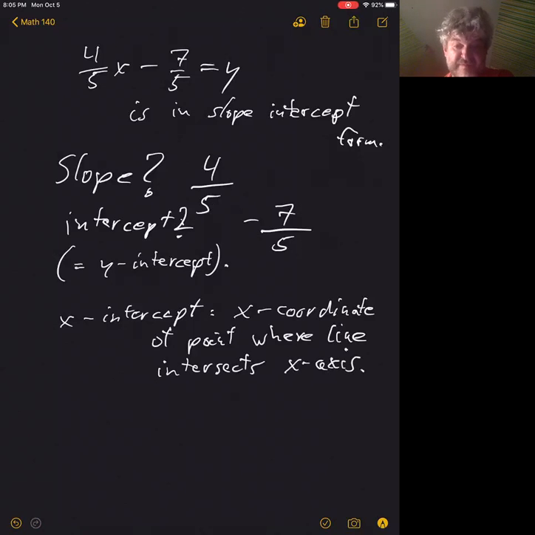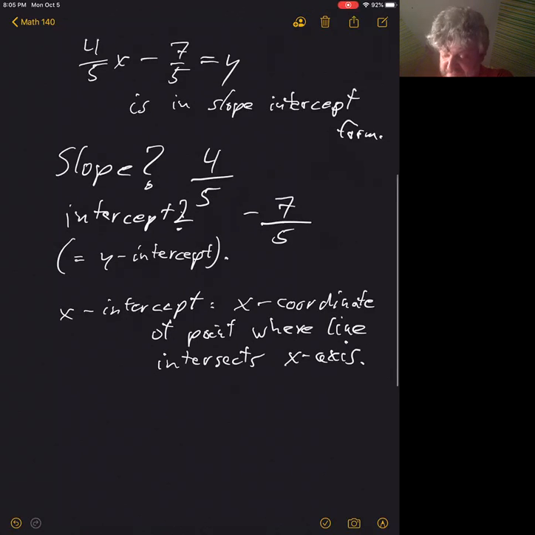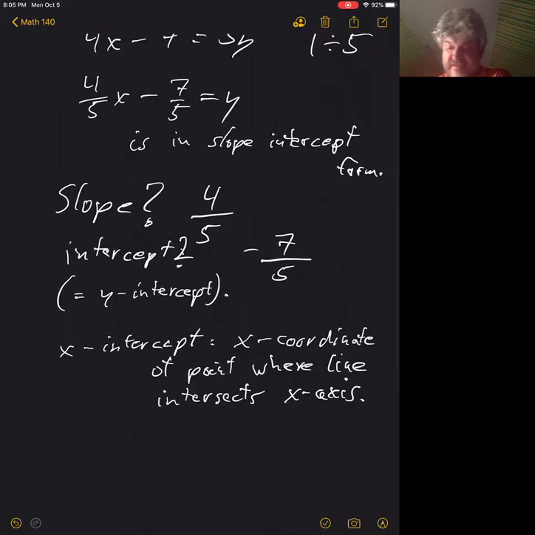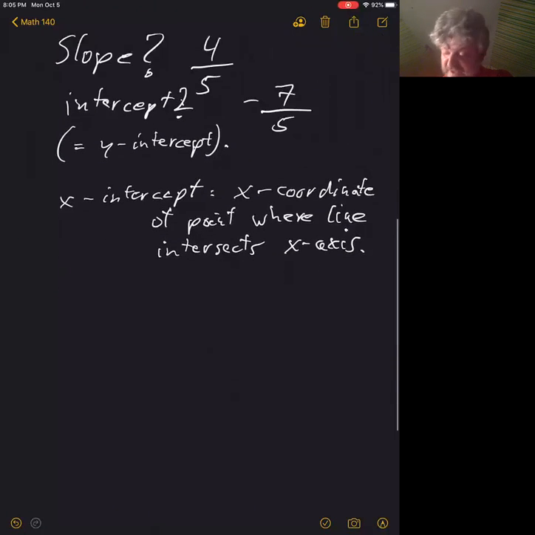Like the y-intercept was the y-coordinate of the point where your line cuts through the y-axis. Well, to find that one, we need to set y equal to 0 and then solve for x.